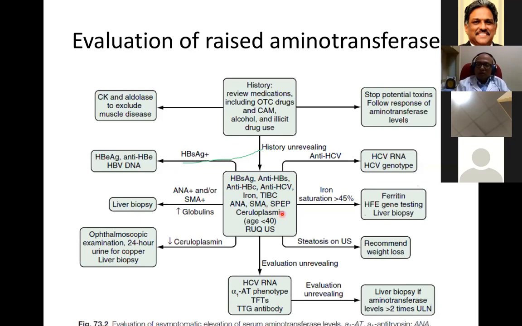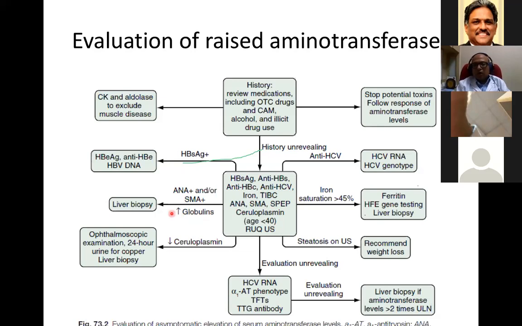In rare situations, you may start looking further at disorders like hemochromatosis by measuring iron, TIBC, and ferritin. And then you may start looking at autoimmune hepatitis, and this is picked up by ANA, SMA, and hypergammaglobulinemia by protein electrophoresis.